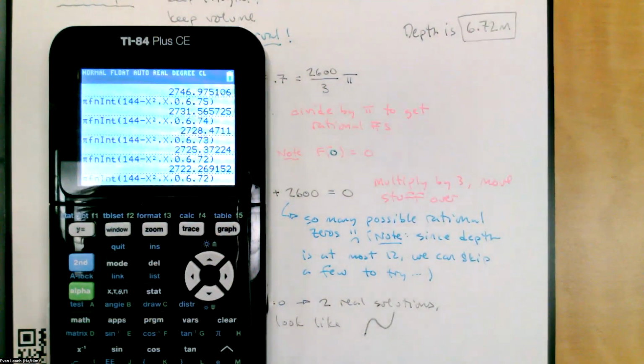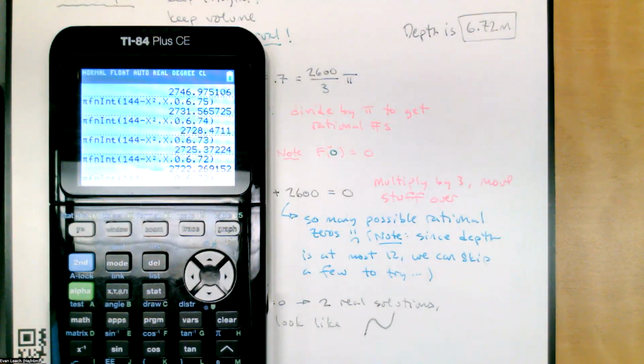We only needed 3 significant figures, so we just keep guessing until we get it surrounded, and then we just refine our guess from there. If someone comes along and says, 3 significant figures, I need more, and you're like, oh, dude, this is like 6.7 meters of water, and you want more significant figures?